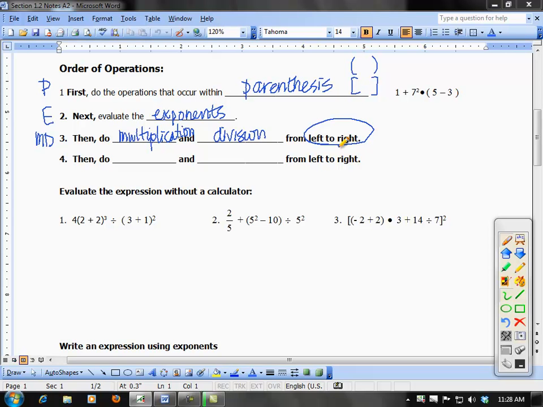Okay, so you start at the left and work your way through. My dear Aunt Sally is the same idea. First do addition, then do subtraction. Again, most important, from left to right.